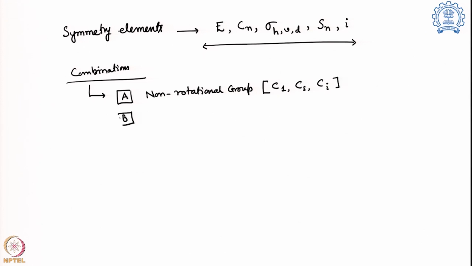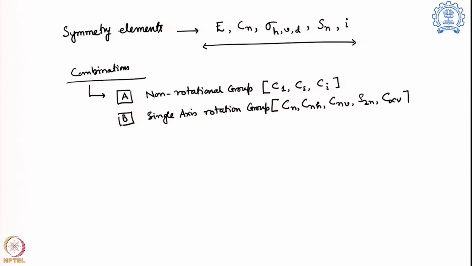Or we can have the single axis rotation group, which belongs to Cn, Cnh, Cnv, S2n and C infinite V.